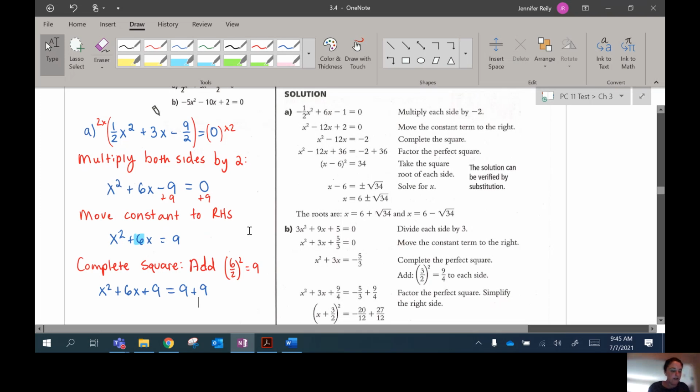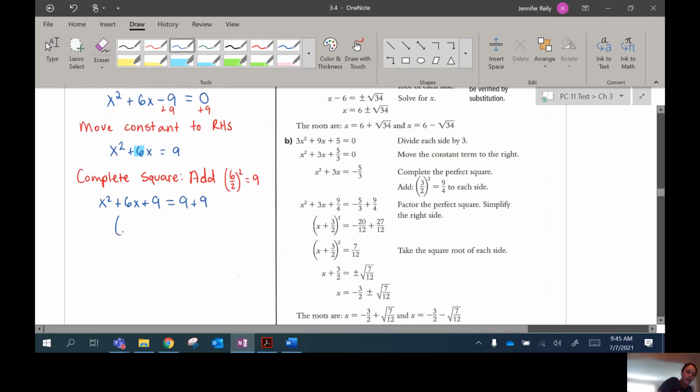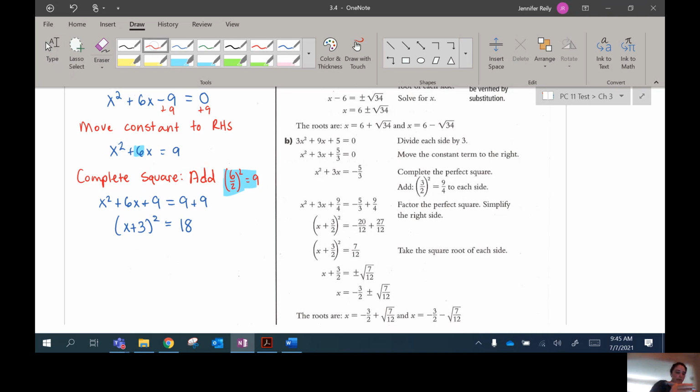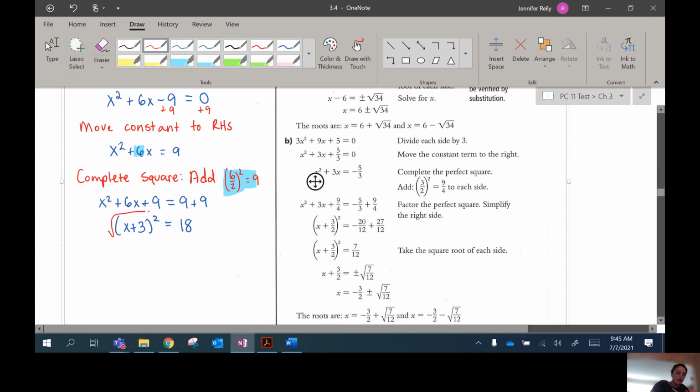Okay, and let's factor now. This will factor to x plus 3 times x plus 3. If you use this little formula, then you'll always get a perfect square when you factor. And then we take the square root, and we don't forget about the plus or minus.